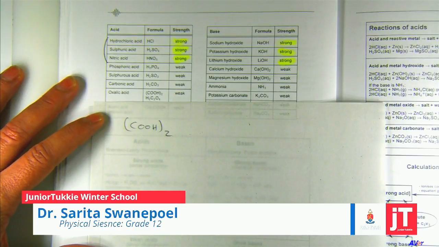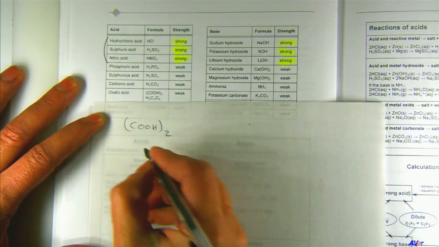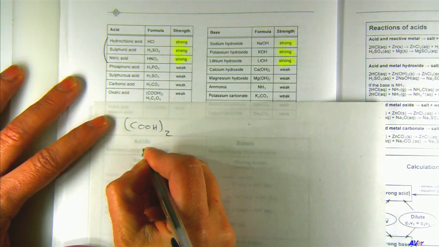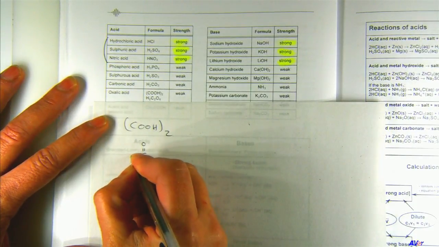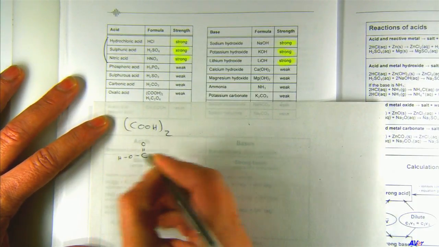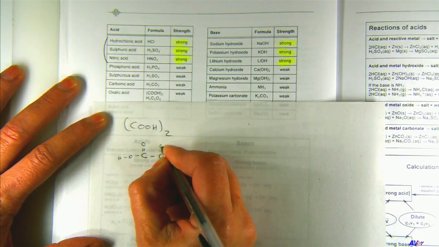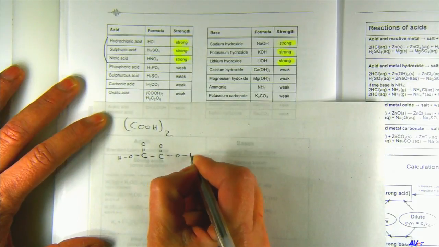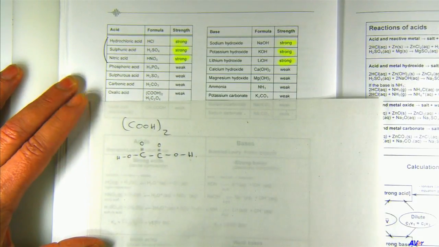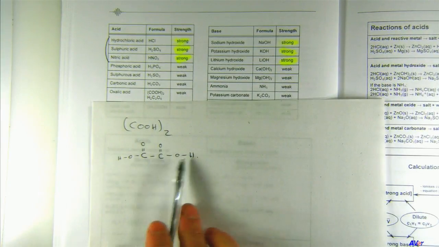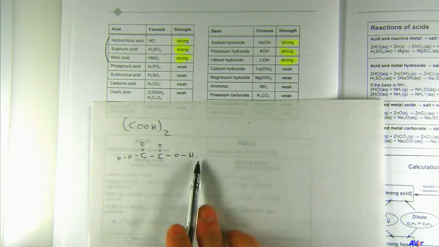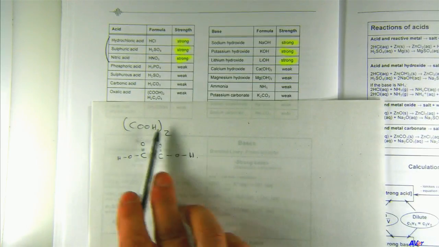You've done organic chemistry at the beginning of the year, so you will be able to understand that it's got a carboxylic group to one side, and you've got the other carbon fixed onto that, and that's also got a carboxylic group to the other side. So if you look at this one, you've got 2 hydrogens over there, but you need to put the 2 there.